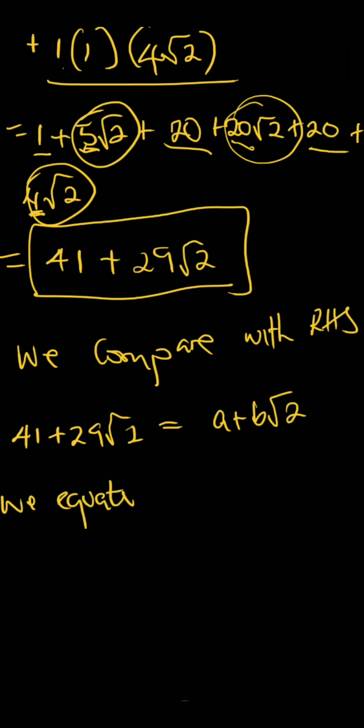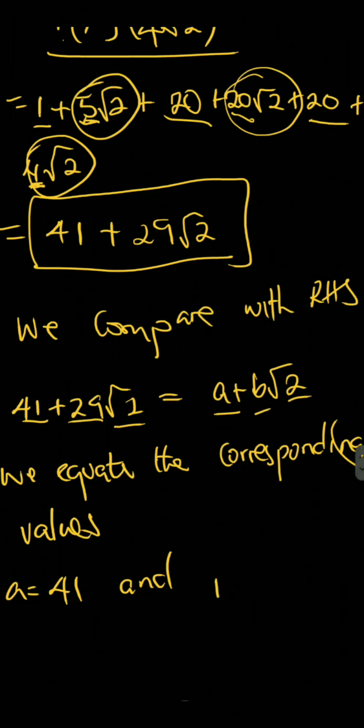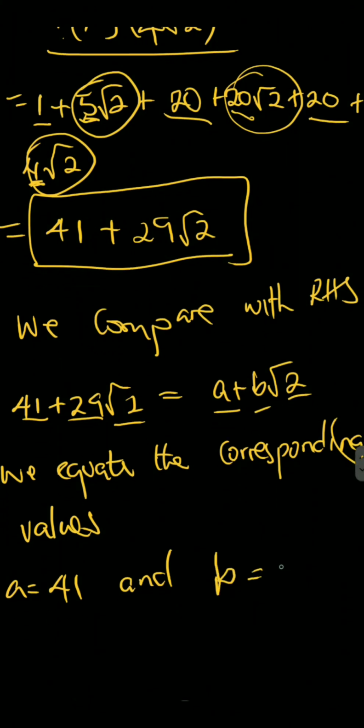Now to solve, what we're going to do is equate the corresponding values. I mean that the first part of the left hand side we equate to the first part of the right hand side. Same applies with the second for the left to the second for the right hand side. So here the first part is 41 for the left, then on the right is a, so a equals 41, and b in this case, since we have root 2, our b will be 29. So this is the solution.